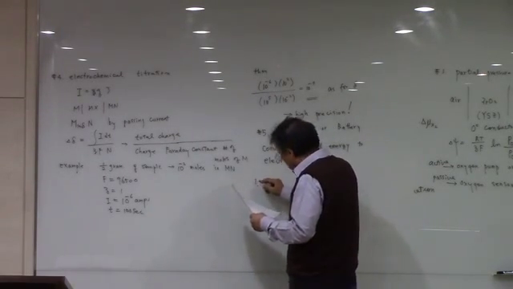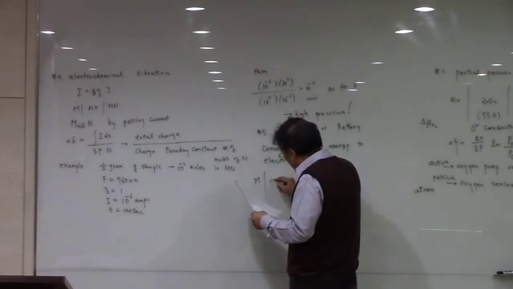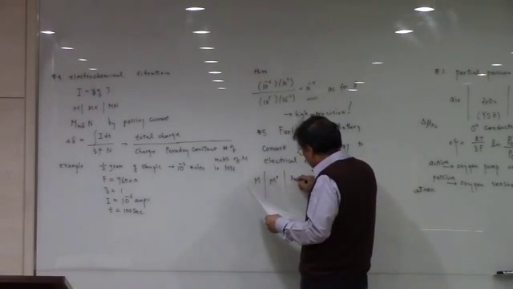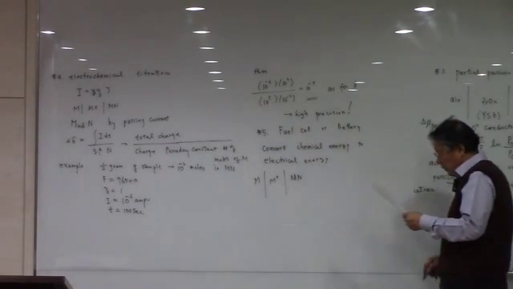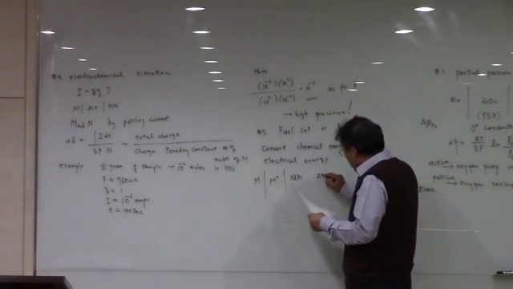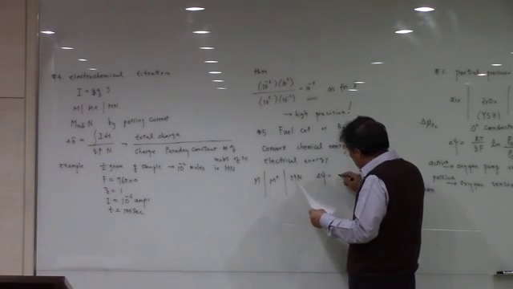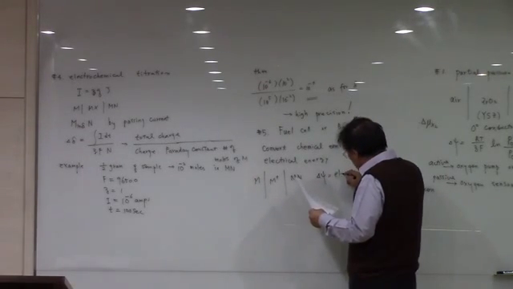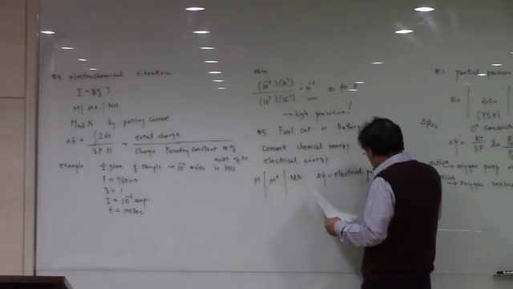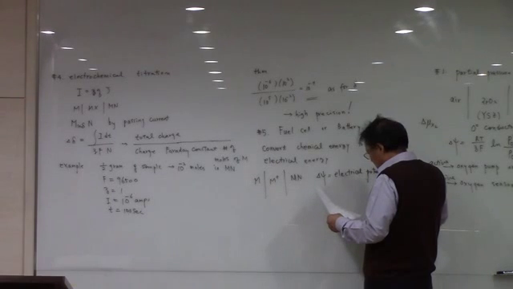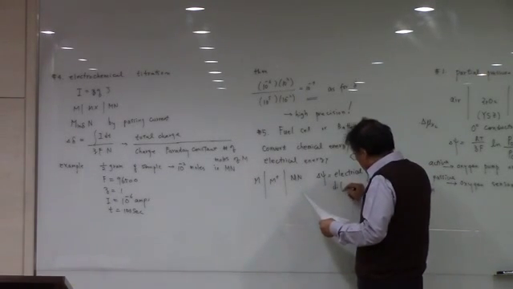So if you have an M plus, and MN system like this, here the potential, the voltage that we measure, is the electrical potential difference.